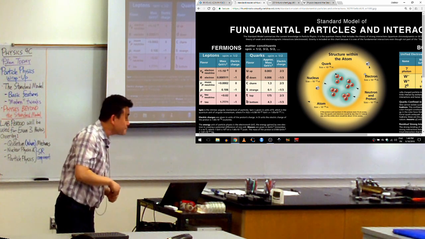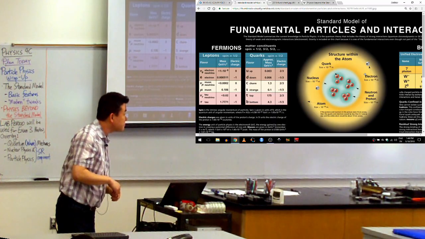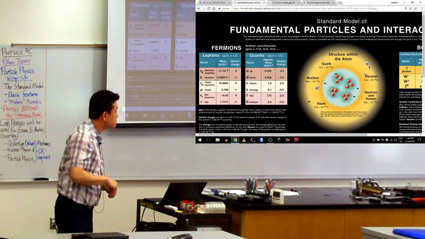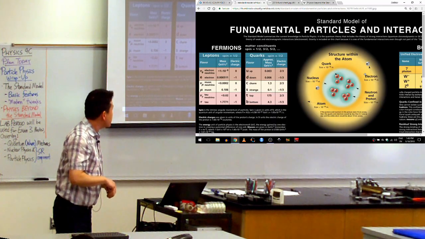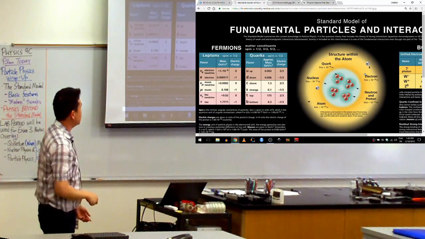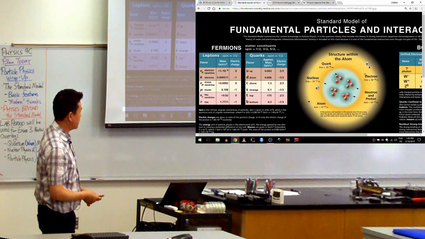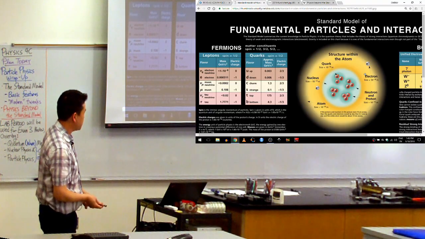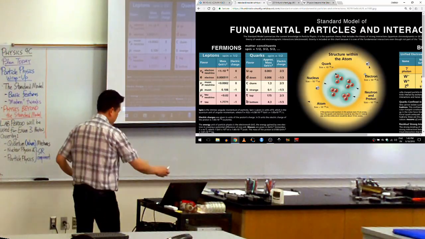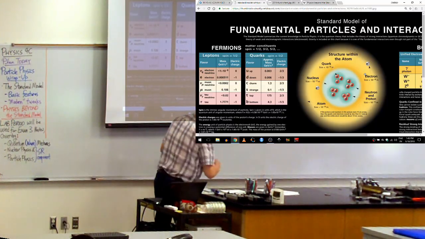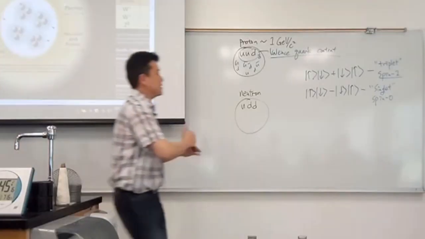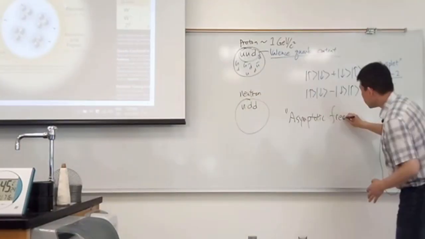Yes? How can you experimentally measure the mass of a particle that you haven't ever isolated, like the quark? So they are measured in the deep inelastic scattering experiments. And what I will tell you is there's an idea called asymptotic freedom.